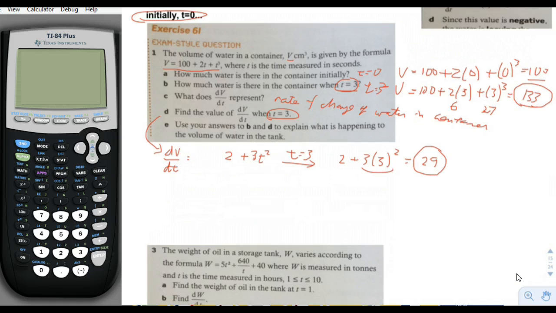So we could say the tank has 133 centimeters cubed, and the volume is increasing at 29 centimeters cubed per second. So that would be part E.